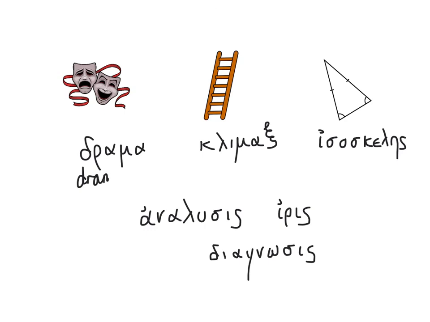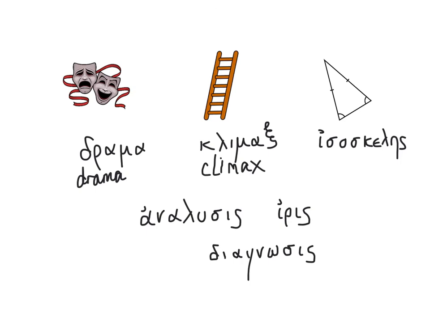Drama, which in Greek meant a done thing, something which was done, something which was performed. Climax, the K in Greek, the kappa in Greek, is very often written as a C in English. In fact, it's more often written with a C than it is with a K. Climax in Greek actually meant a ladder.